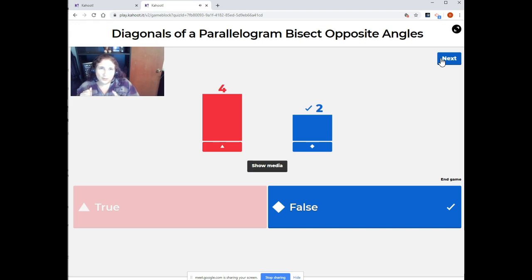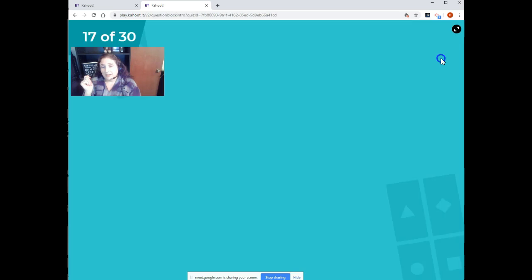I pictured a rectangle and I folded a rectangle in my head, and I knew that if I fold the diagonal of a rectangle, it doesn't overlap, so those angles can't be congruent. And because it's not true for a rectangle, I know it's not true for a parallelogram. However, the diagonals of a rhombus do bisect the angles.